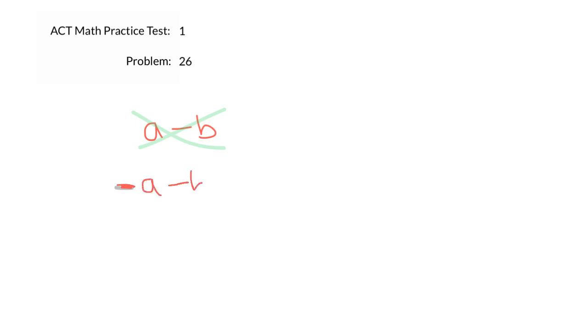Negative A minus B. Well, it's all non-zero values of A and B. Clearly we could have something like negative 10 minus, and what if B was negative 20? Then it would be negative 10 minus negative 20, meaning negative 10 plus 20, which is 10, right?